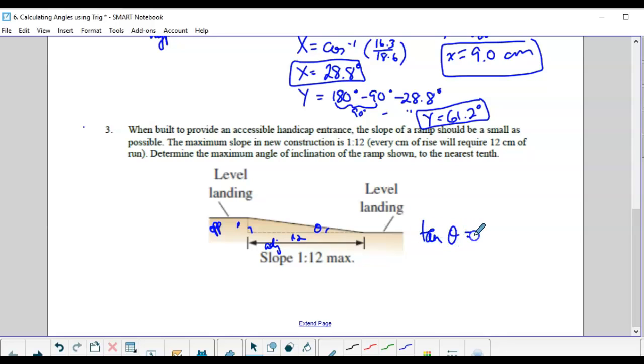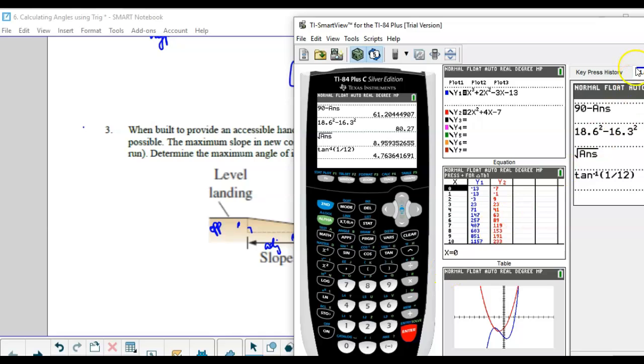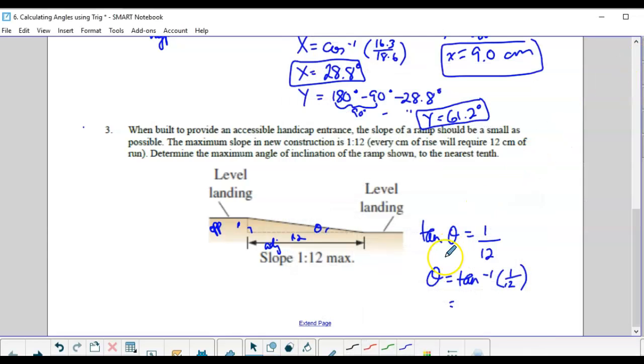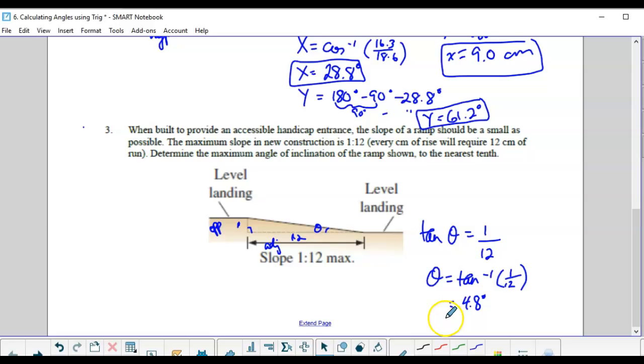So tan of theta is 1 over 12, so theta equals tan inverse of 1 over 12. So second tan, 1 divided by 12, 4.8. I think that's, yep, nearest tenth is 4.8. Okay, and that's the angle of inclination. And that's it.